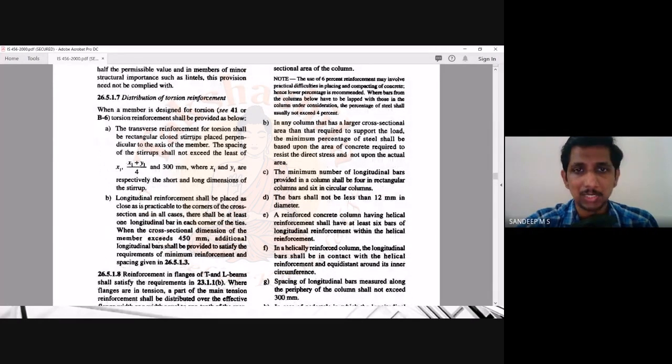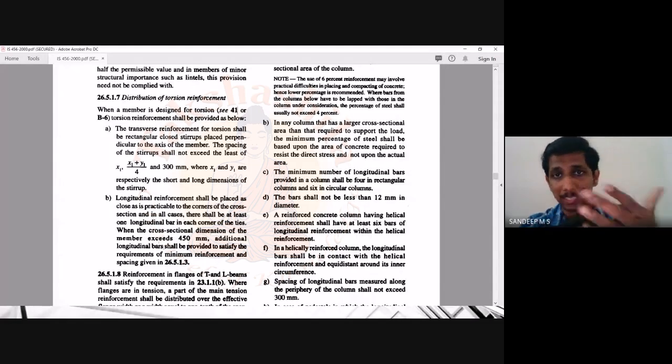The transverse reinforcement, that is your stirrups. Transverse reinforcement for torsion shall be rectangular closed stirrups placed perpendicular to the axis of member. If you remember, when we designed for shear, we had the freedom to provide it at some angle, or in the vertical direction, or we can even utilize the flexural bars.